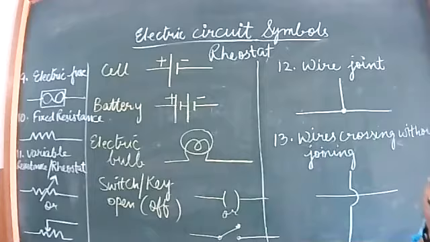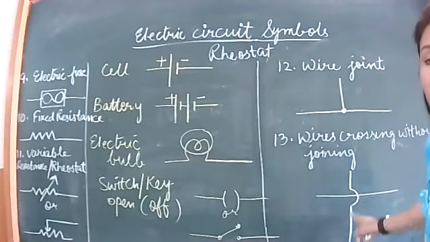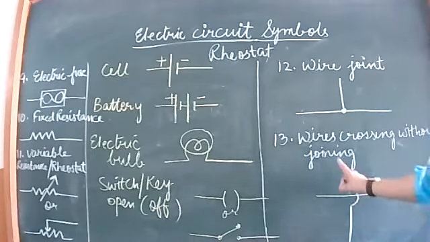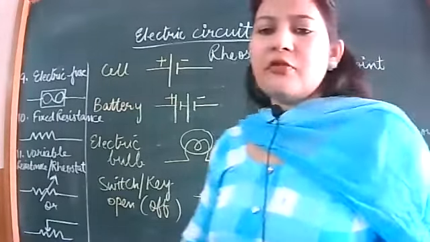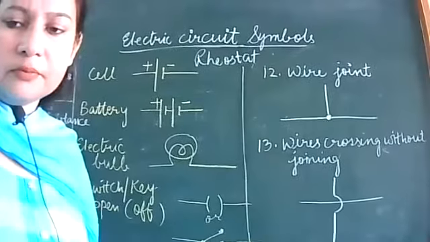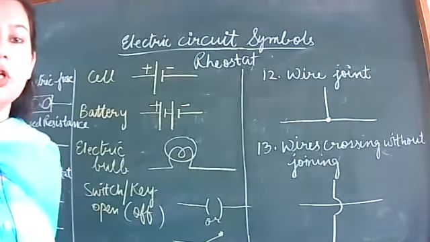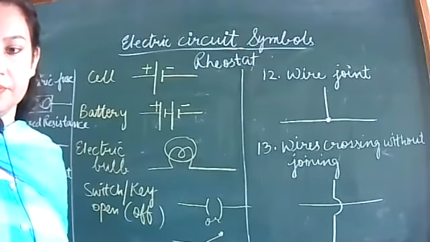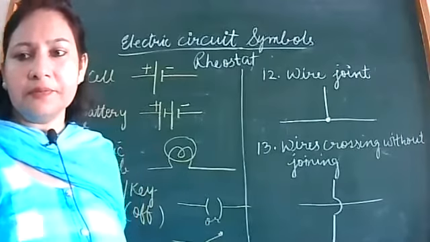We draw a kink here, showing that this wire is passing over it. It is not connected. The wire crosses over it, but is not connected to it. So wires crossing without joining, we draw a kink here.